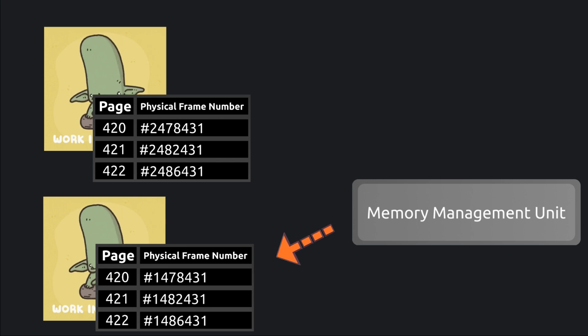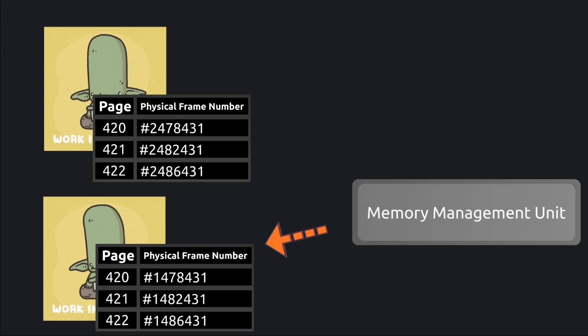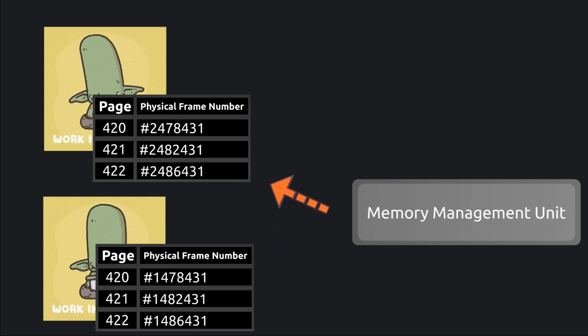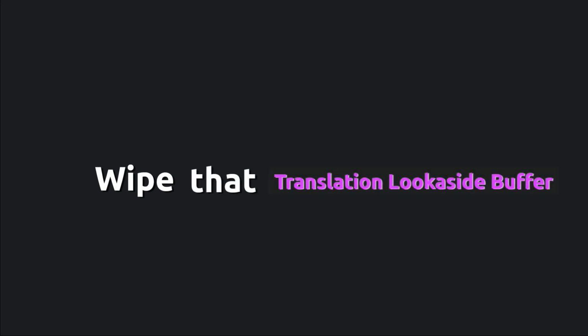As every process uses its own page table, the memory management unit will now point to the new process's page table, which itself points the virtual addresses to a different physical memory location. The context switch also involves some other operations. Like in many CPU architectures, the translation look-aside buffer is wiped on every context switch to prevent unauthorized memory access of a process.